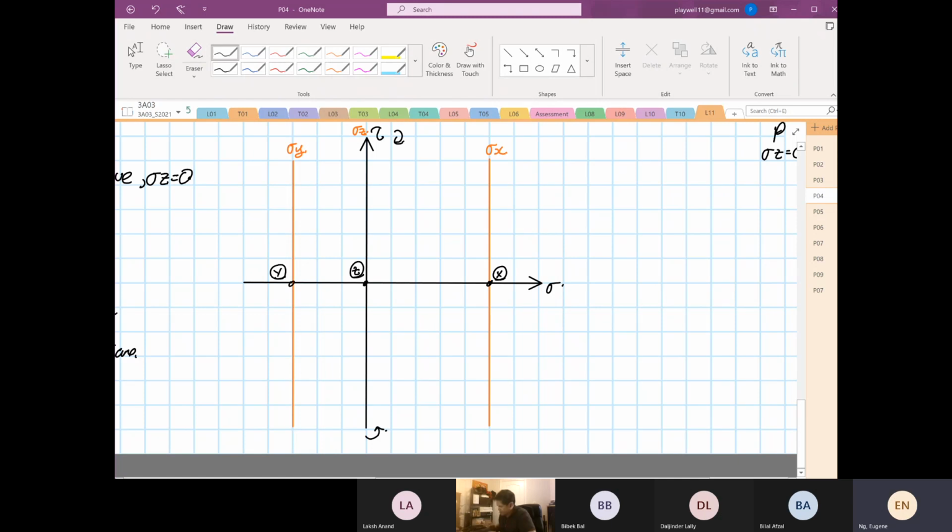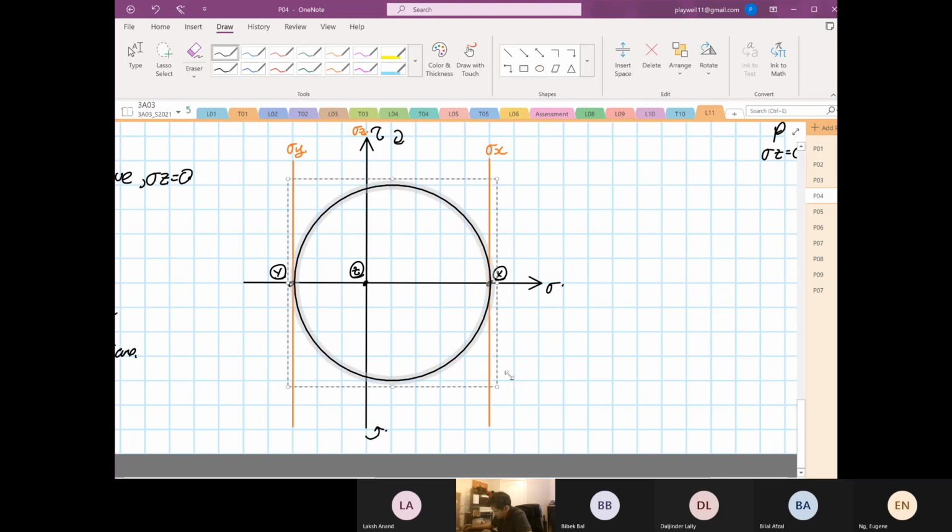So let's do our standard XY, like the 2D Mohr circle. So we draw our XY plane, and this is our in-plane.